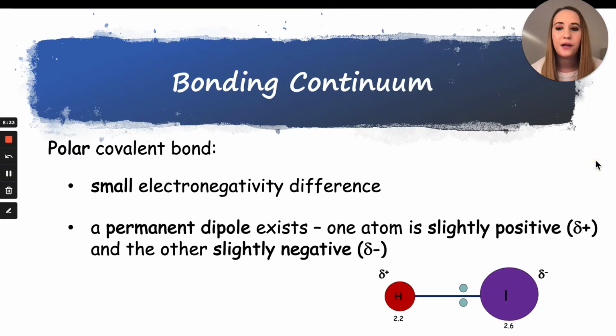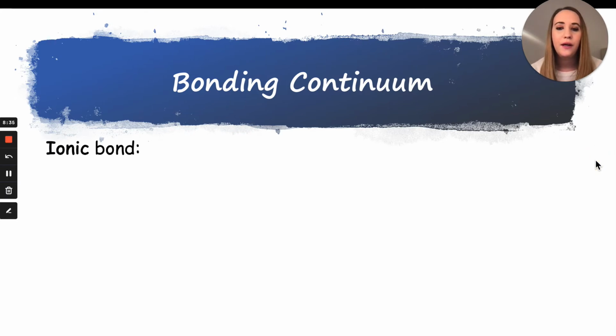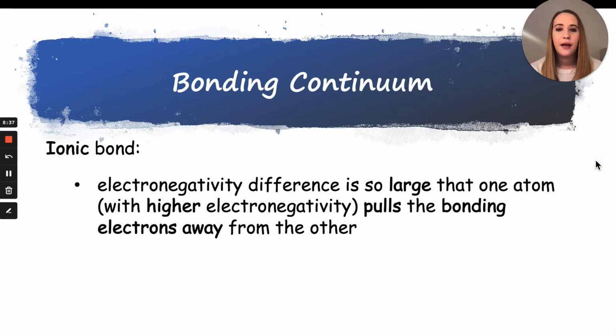Okay, and the final bonding type is ionic. So this is an extreme version of a polar covalent bond. This type of bond forms when the difference in electronegativity is large, and it's so large that one atom basically pulls the bonding electrons away from the other.